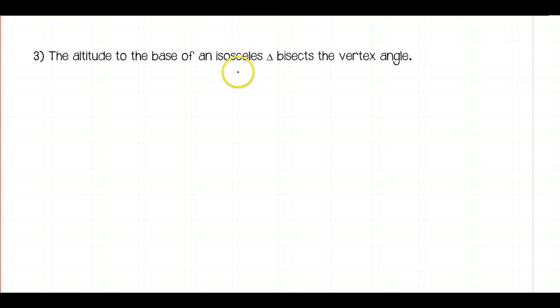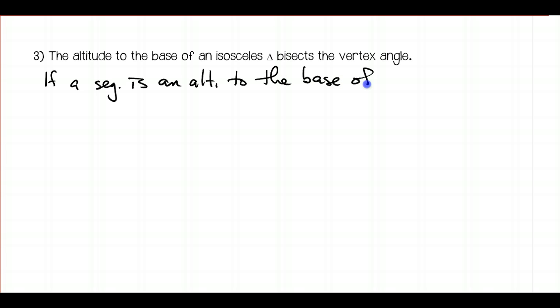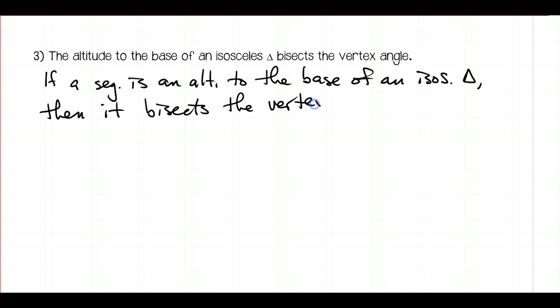It says the altitude to the base of an isosceles triangle bisects the vertex angle. So I'm going to rewrite this in if-then form. If a segment is an altitude to the base of an isosceles triangle, then it bisects the vertex angle.